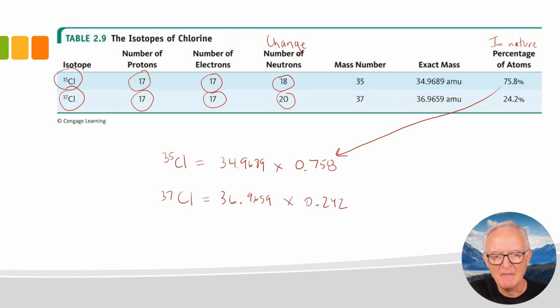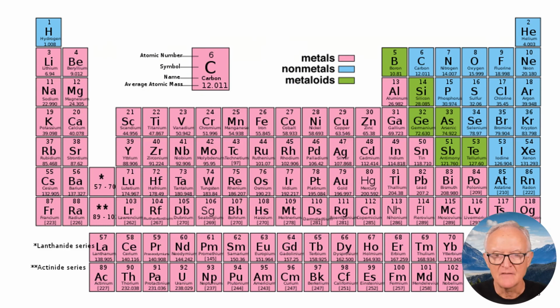So if you do the math for each of these, that sums to 35.45, right? I'll let you fill in these two blanks on your own, but I did the math earlier, and they sum to 35.45. And if you look at the periodic table, you see that chlorine has an atomic mass of 35.45.